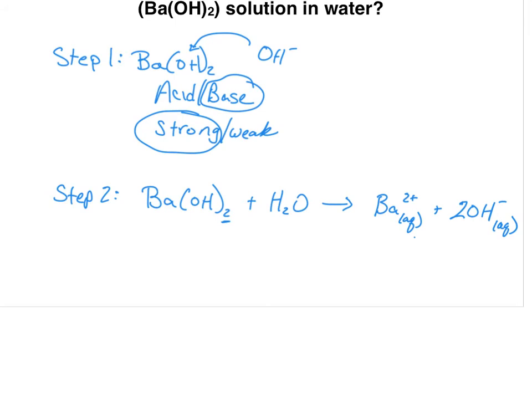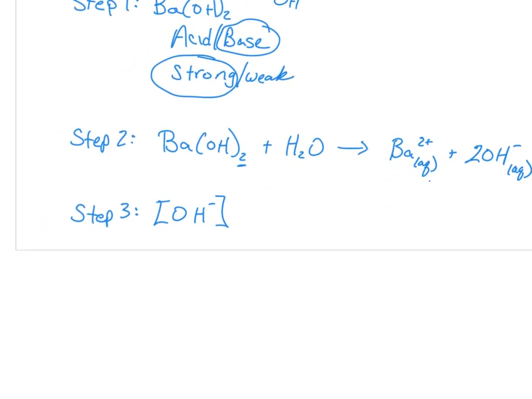Okay, so step 3 is find the equilibrium concentration of hydronium or hydroxide. And since we're working with the base, we want to find the concentration of hydroxide in this case.